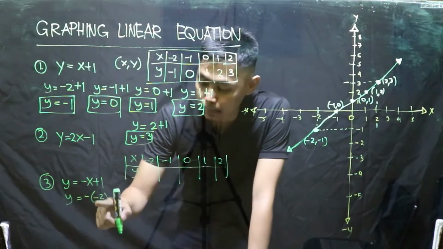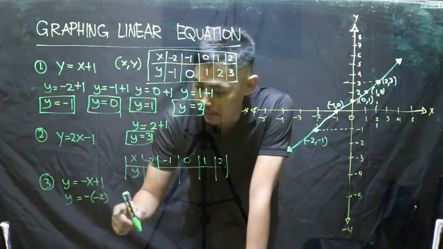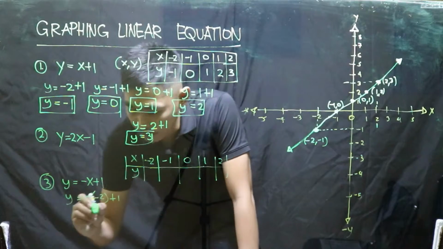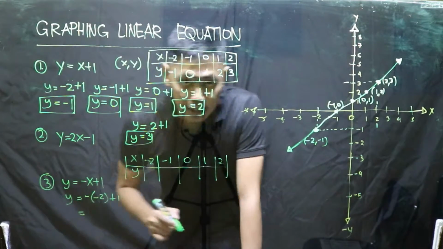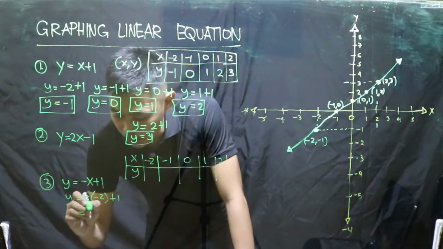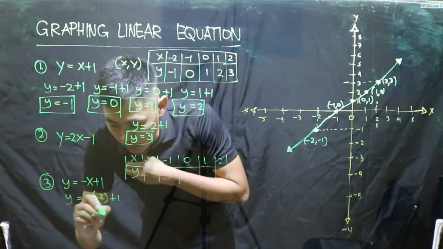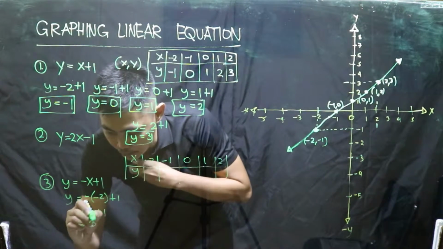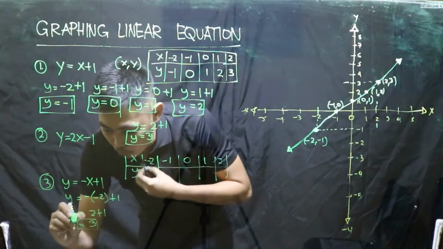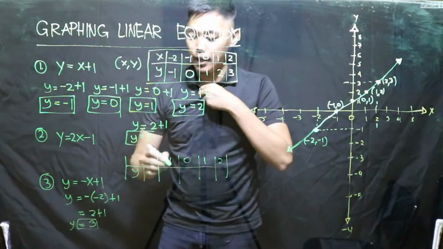Okay, since we are replacing only x, not -x, plus 1. So negative and negative, that would be positive. So we have 2 plus 1, and our answer is 3. So y is equal to 3.